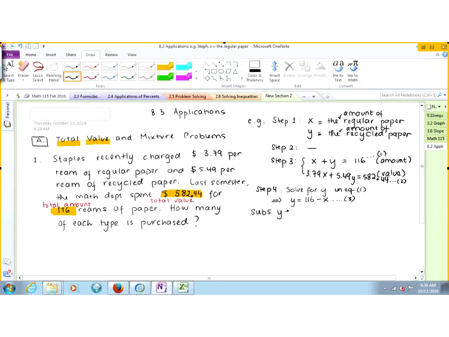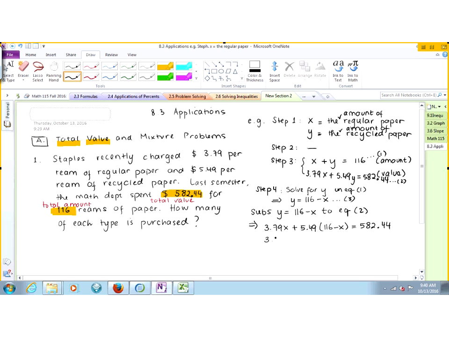And then we substitute Y equals 116 minus X into equation 2. So when we substitute, what do we have? 3.79X plus 5.49Y. Y is 116 minus X, is equal to 582.44.